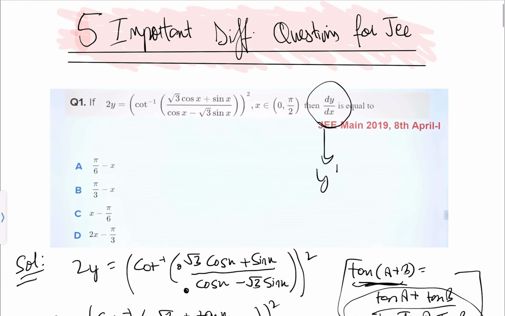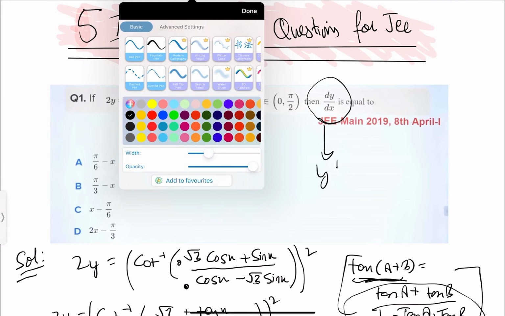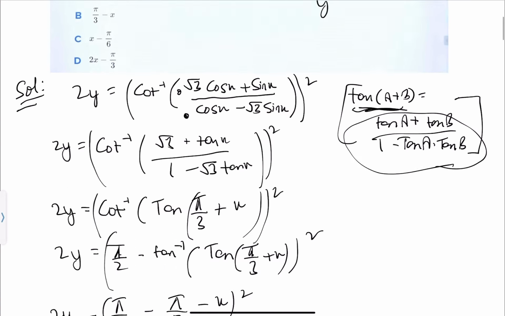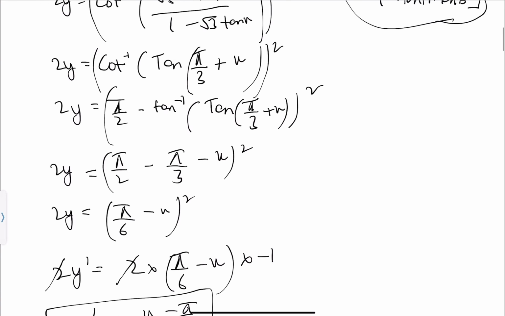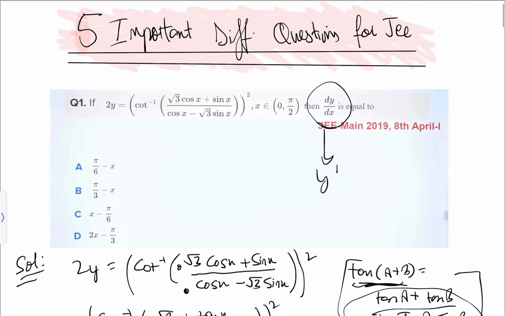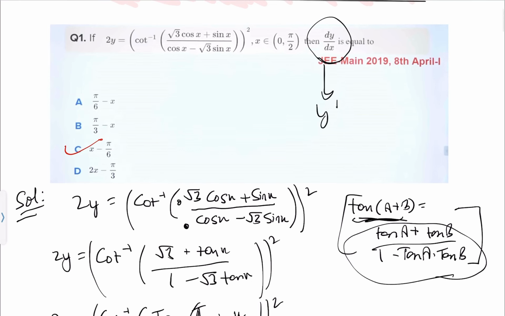So our answer is option C, x minus pi by 6. Yes, C is the correct answer.